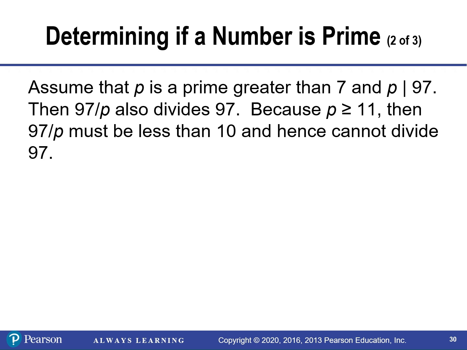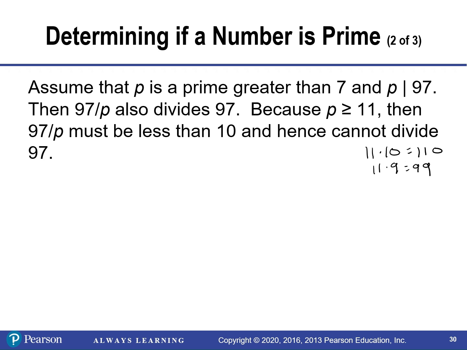Then we know 97 divided by p also divides 97 because of that pairing structure of our factors. Because the prime number has to be at least 11, the next prime after 7, then 97 divided by p has to be less than 10, because 11 times 10 is 110 and 11 times 9 is 99.